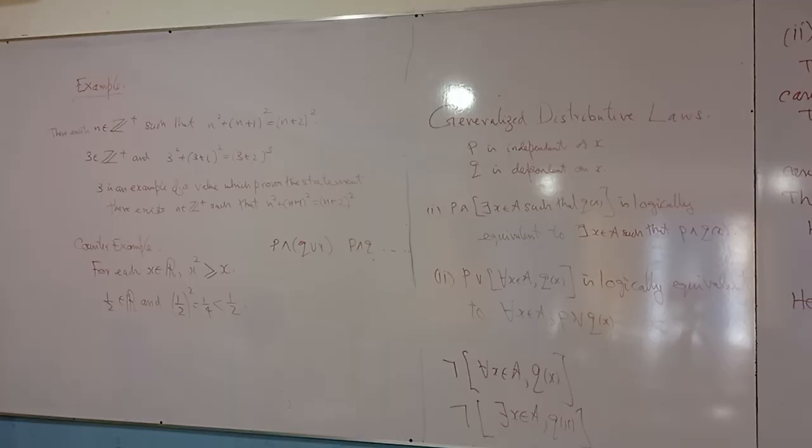What is the other method? Proof by contradiction. What is it? We assume that P is not true. How do you prove P implies Q by the method of proof by contradiction?